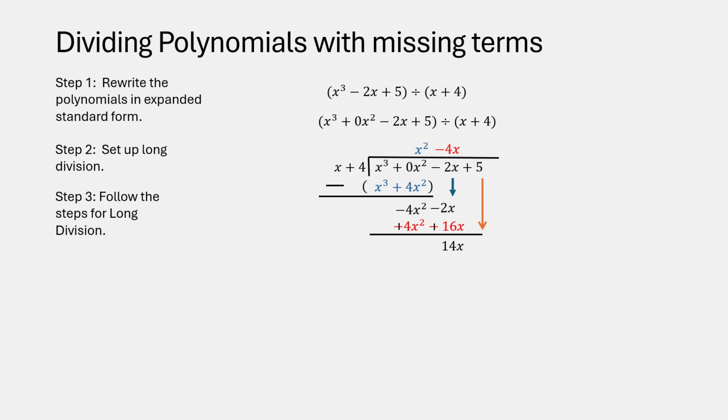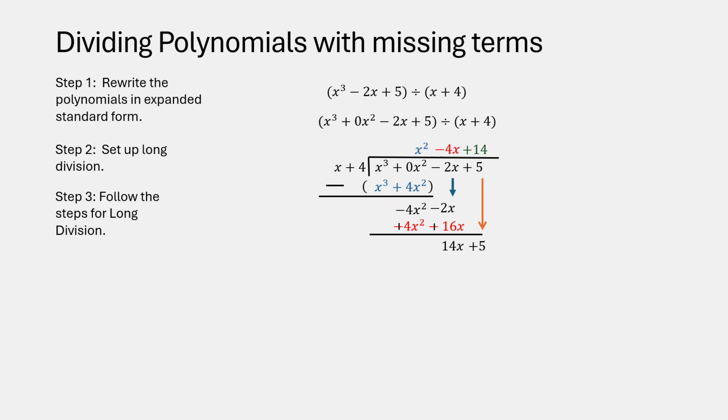So now what? X goes into 14x, a plus 14 times. Very good. Now, 14 times x plus 4. Make sure we're using the right terminology so we don't confuse our brains.